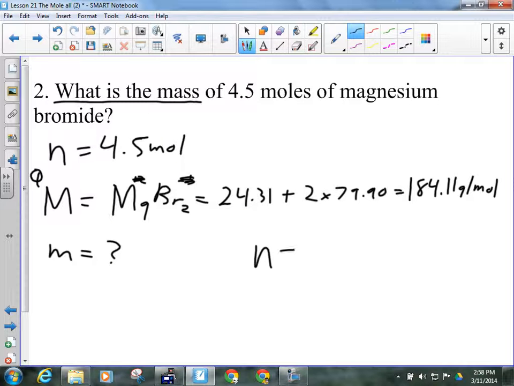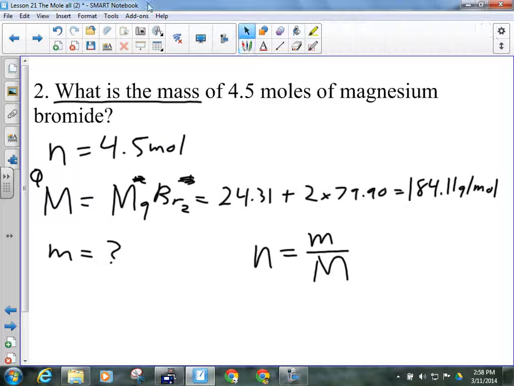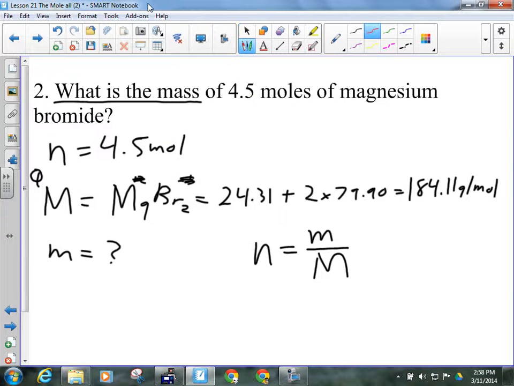Obviously, since moles are involved, we are using the mole equation. However, it is not set up to calculate m as it is written. So what do I have to do? I want to take this big M and multiply both sides by it. So I'm multiplying both sides by M.